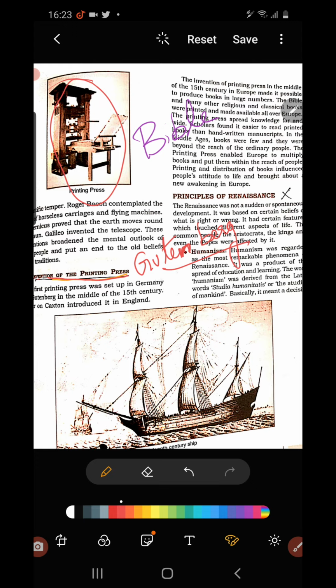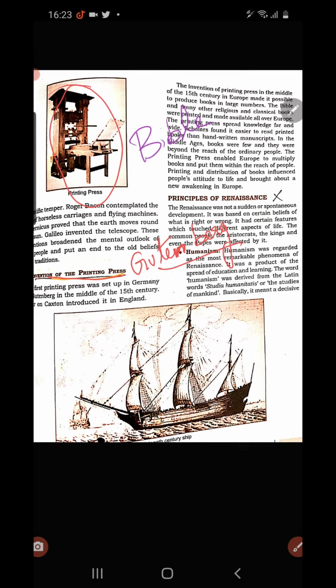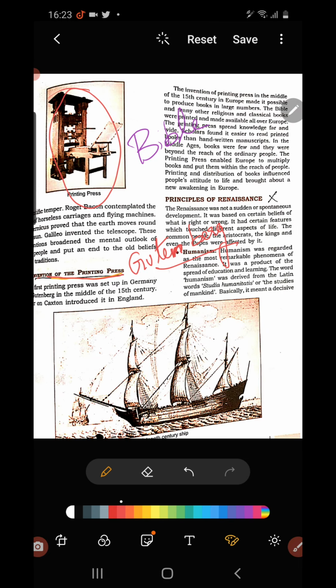So they got enlightened, they understood the real ideology of these books, what we are practicing in our life, and actually what the reality is. Knowing all these things, people became awakened, enlightened, and aware of the reality.